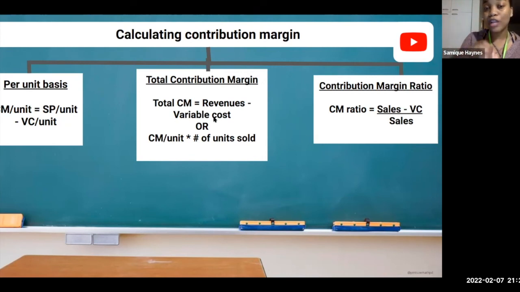The one that we're now seeing for the first time is our contribution margin per unit times the number of units sold, but that makes sense, right? If we have the per unit contribution margin and we know how many units we've sold, then that's going to give us a total contribution margin. And then a contribution margin ratio is our sales less our variable cost, so in other words, it's contribution margin divided by sales.